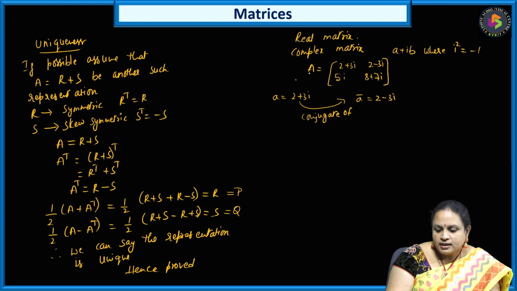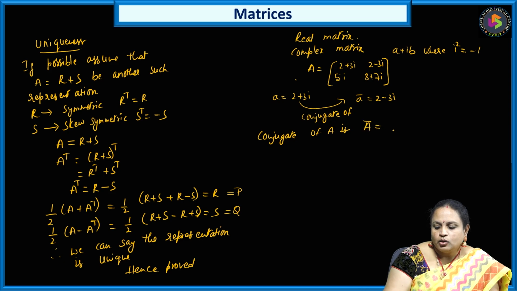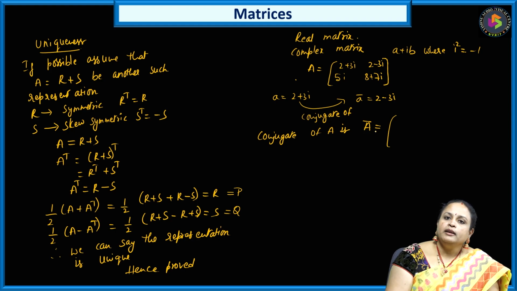Then suppose this is the matrix A, then the conjugate of A is A bar. In this A bar, whatever complex numbers are there in A, you write the conjugates of those complex numbers.